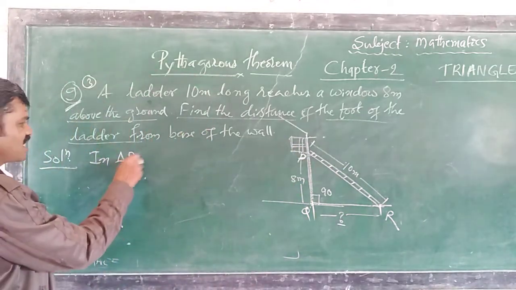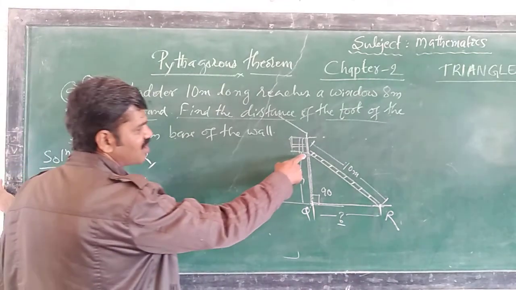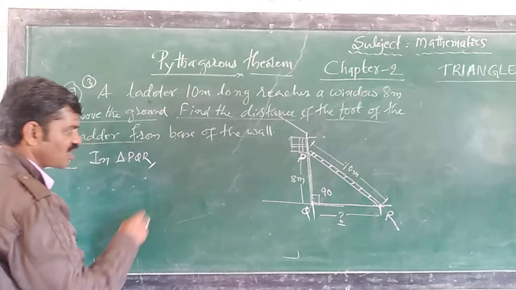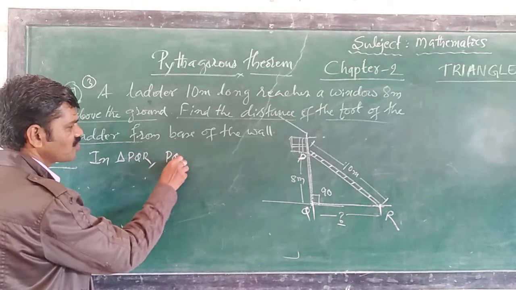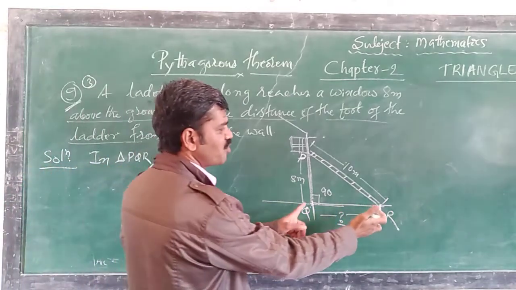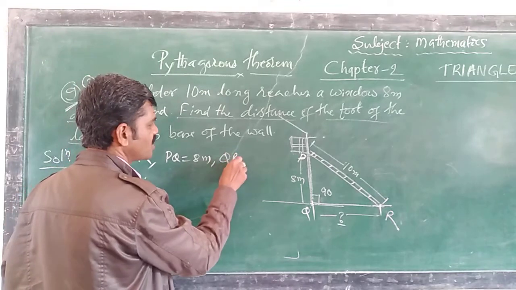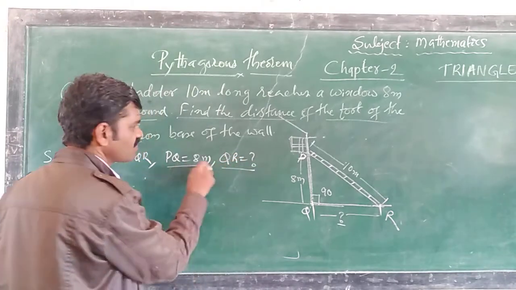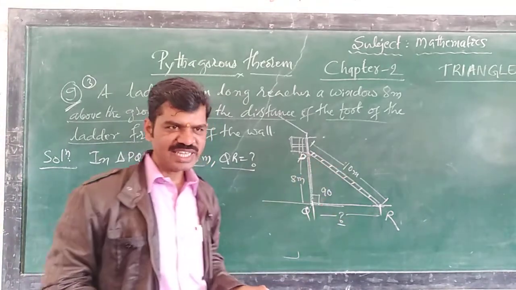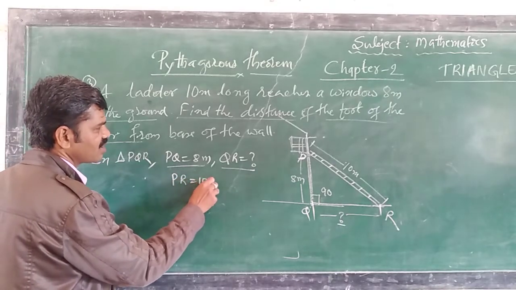So in this imaginary triangle PQR, the distance of the window from the ground, that is PQ, is equal to 8 meter. The distance of the foot of the ladder to the wall, QR, is what we have to find out. The length of the ladder PR is given, that is 10 meter. So PR is equal to 10 meter.